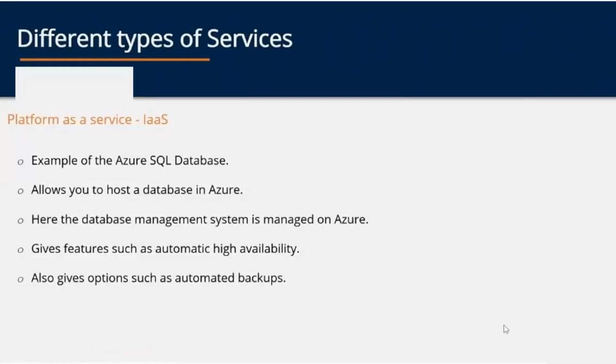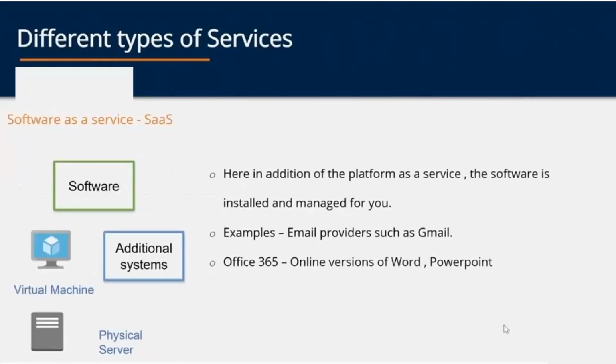Again, platform as a service, a SQL database, any kind of SQL database allows you to host a database in the cloud. Here, the database is managed by the cloud provider, gives features such as automatic high availability, and options such as automated backups. In other words, the cloud provider is taking care of all this platform. Together, all of those things are referred to as a platform. So they are giving platform as a service.